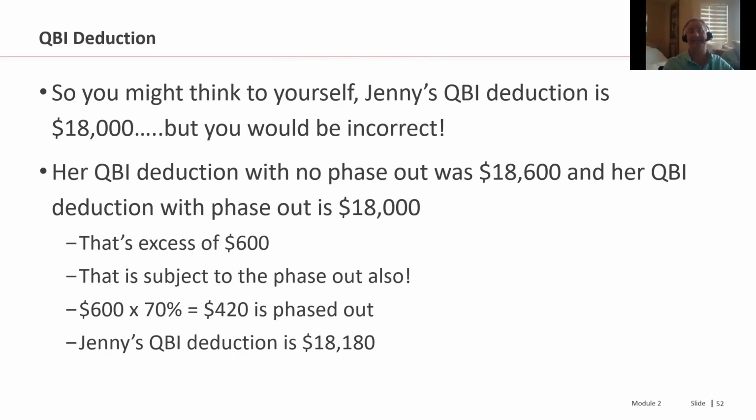The excess is 600. That is also subject to the phase out. 600 times 70% is 420. We phase out 420 of the excess. That gives us 180, which means her deduction is 18,180.